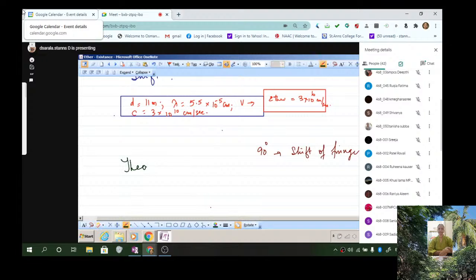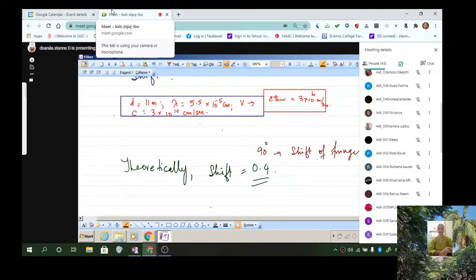Theoretically, substituting all these values into that figure, we get a fringe shift of 0.4. That means fringes should shift by 0.4 of a fringe. But this is theoretical.